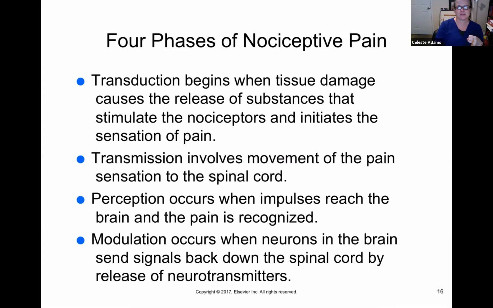Transduction begins when the tissue damage causes the release of substances that stimulate the nociceptors and initiates the sensation of pain. A lot of wording there, okay? Transduction is going to be your first phase. The tissue gets damaged.